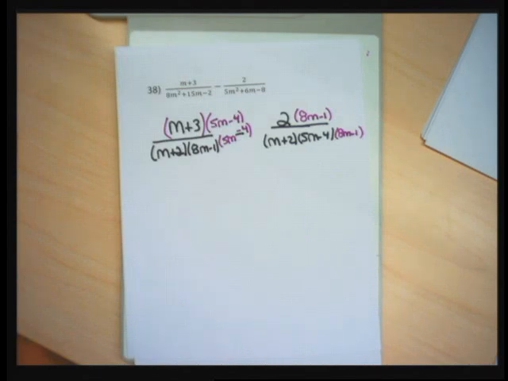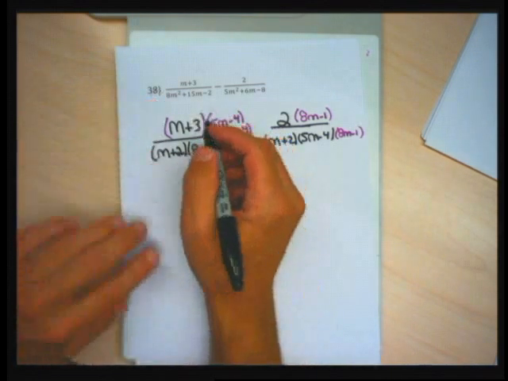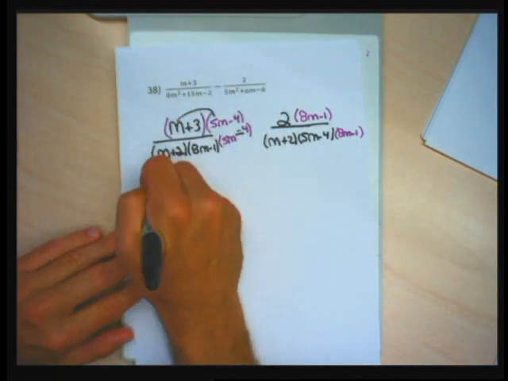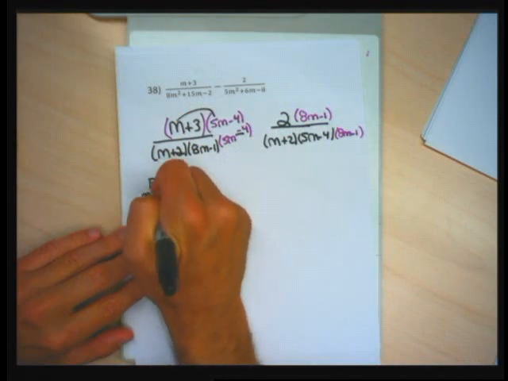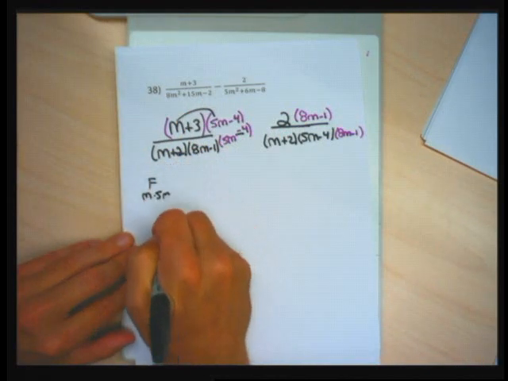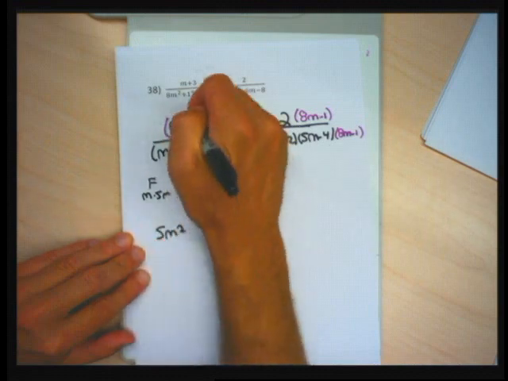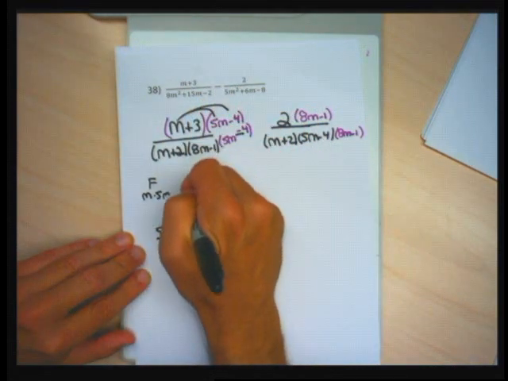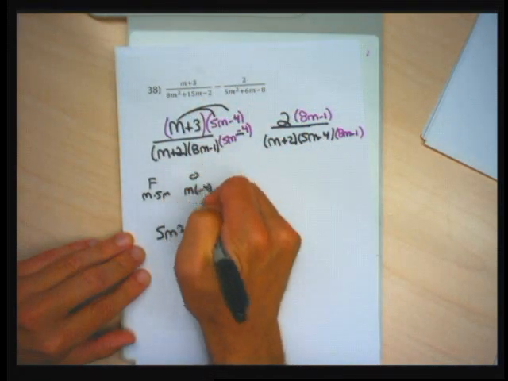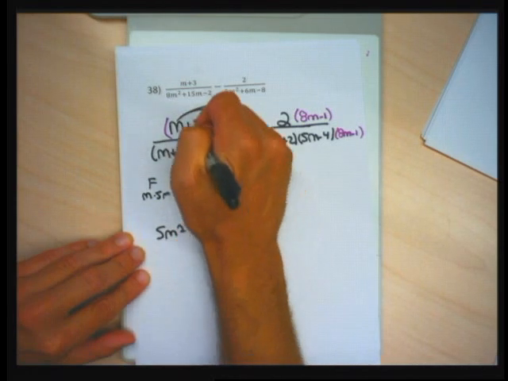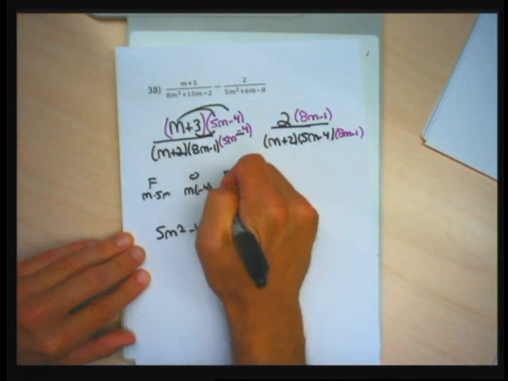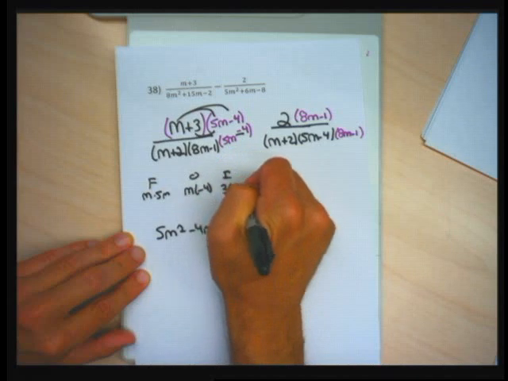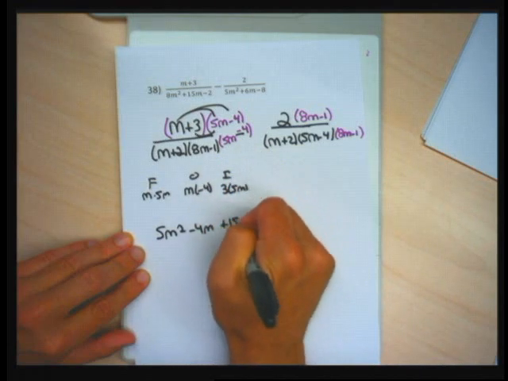I'm going to multiply out the numerators, write the denominators in the same order. This first numerator I have to FOIL. So I'm going to do firsts of m times 5m and get 5m squared. And then outers of m times minus 4 and get minus 4m. And then inners of 3 times 5m and get plus 15m.